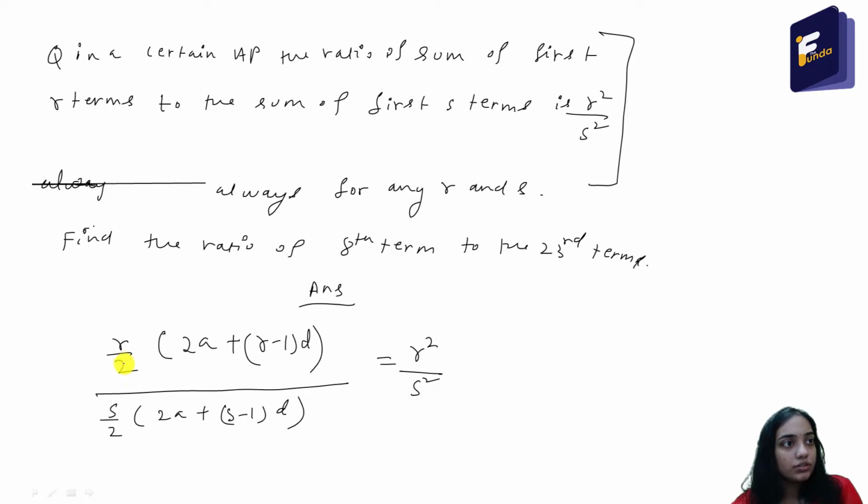So from here we will cancel 2 from numerator and denominator, then R and R square, S and S square.